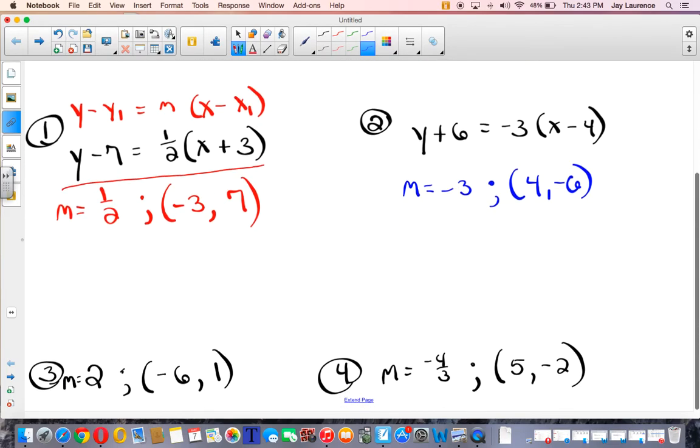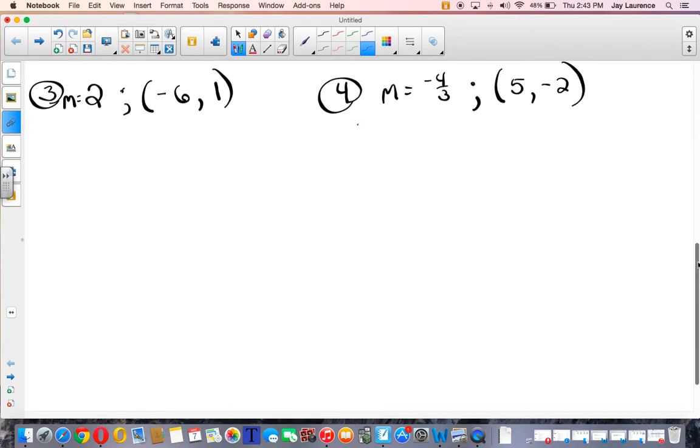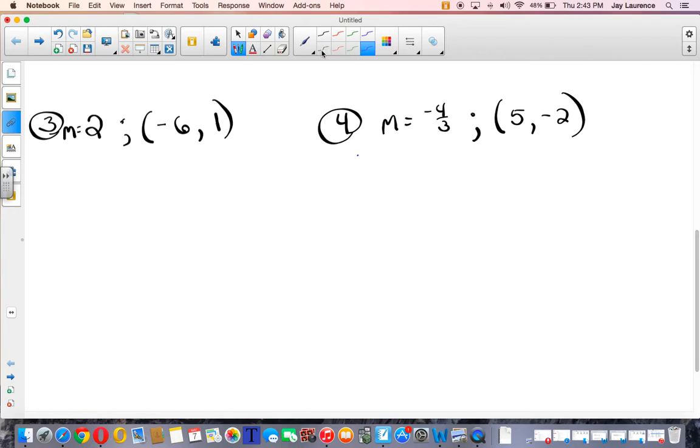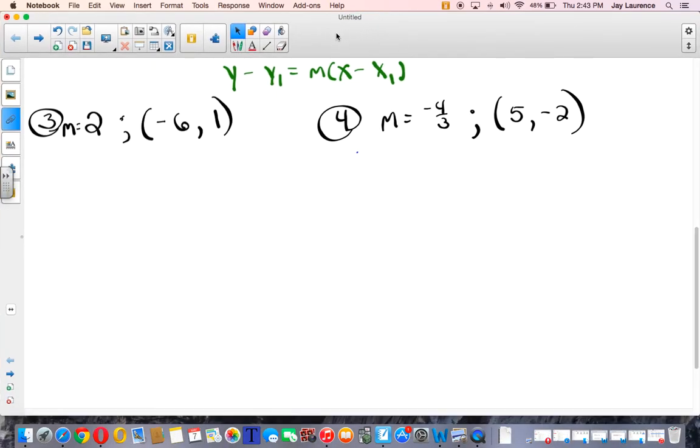All right, now, if I gave you the slope and a point, could you write the equation in point slope form? Remember, point slope form looks like this. y minus y sub 1 equals m times the quantity of x minus x sub 1. All right, so let's give it a shot here. I need y minus the y-coordinate, -1.